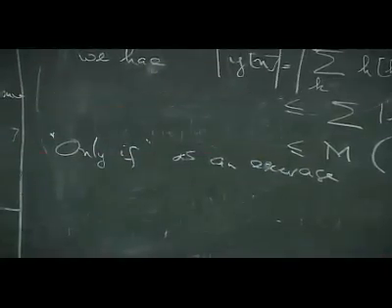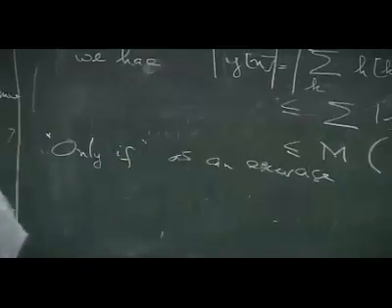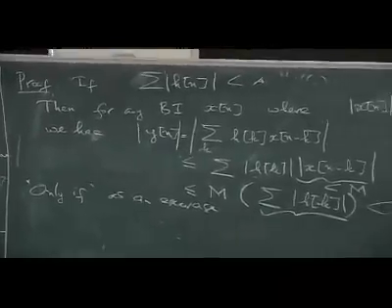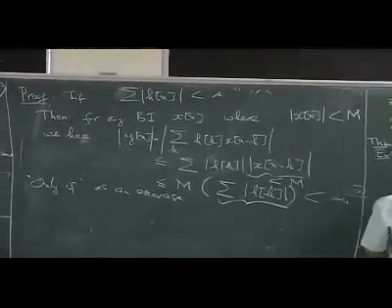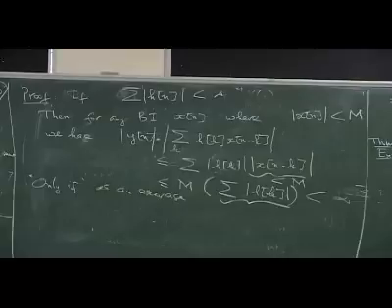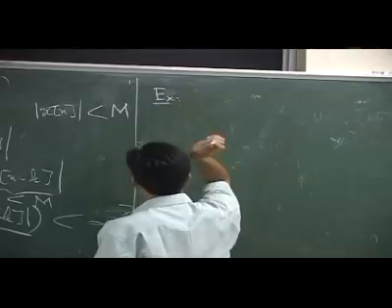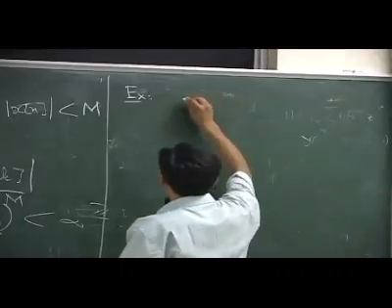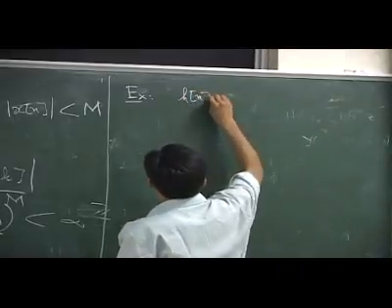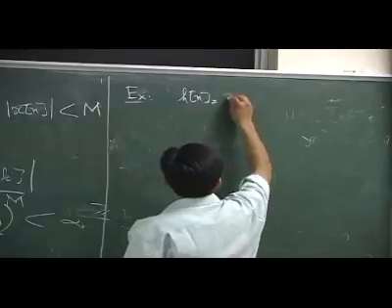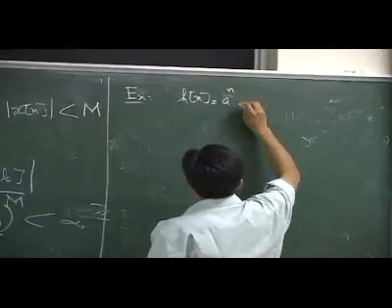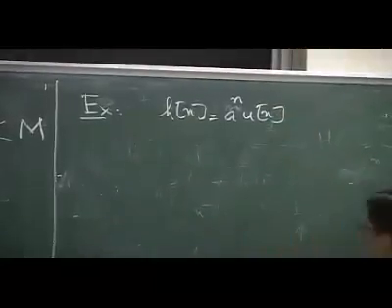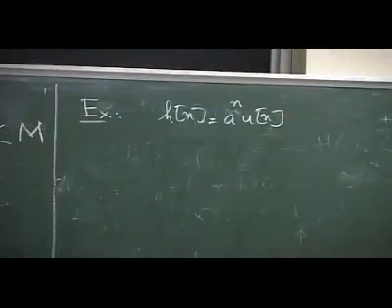Alright, so we now look at the system in the Z domain, with an example. Remember the system: I have a system h[n] equal to a to the power of n times u[n].